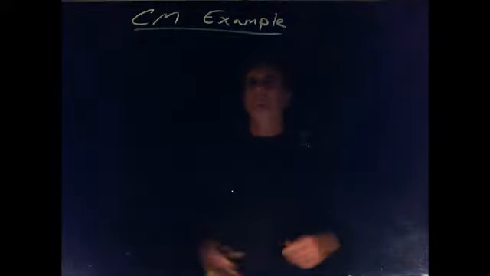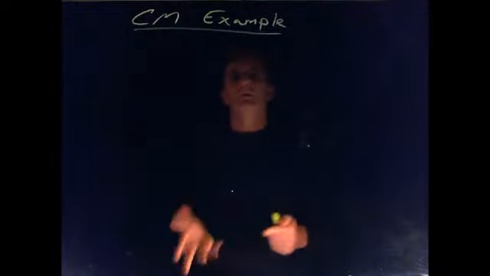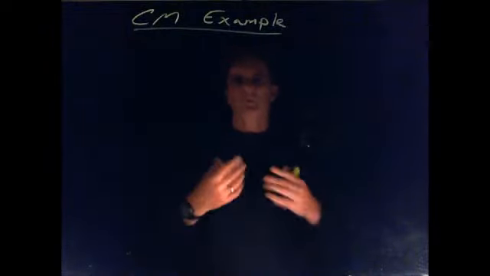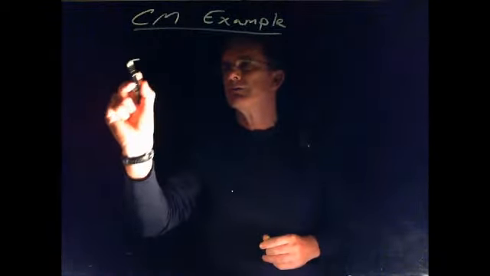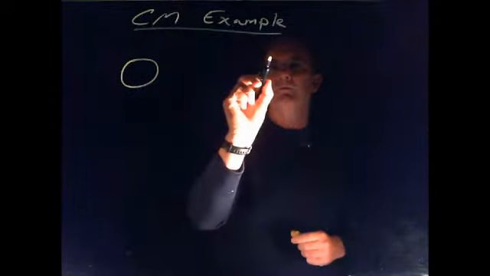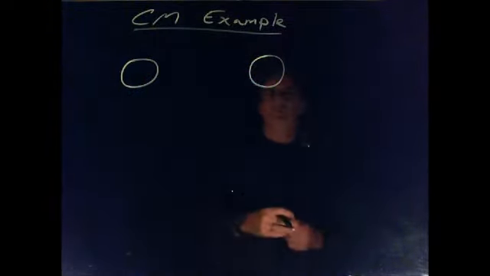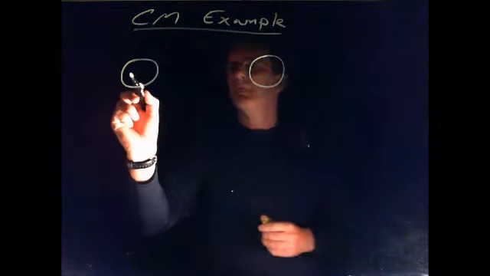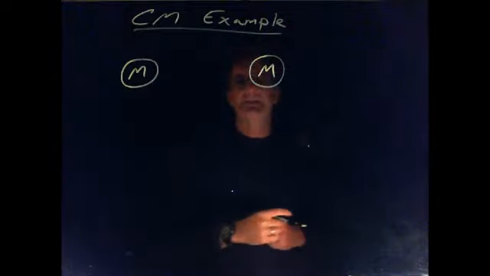So an example of center of mass. It is very common when stars form that they actually form in pairs. And so we have two stars that form near each other, and they're gravitationally bound to each other because they're close enough. And let's say that each star has the same mass.